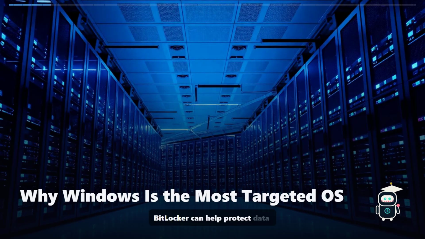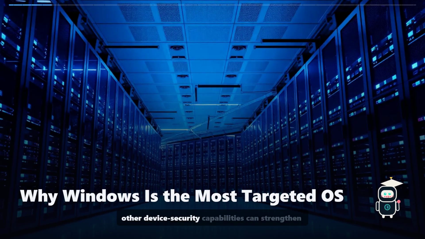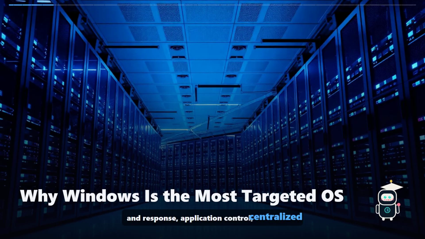BitLocker can help protect data stored on a lost or stolen device. Secure Boot and other device security capabilities can strengthen the startup and operating environment. Windows Update helps reduce exposure to known vulnerabilities, and enterprise environments may add endpoint detection and response, application control, centralized policy, identity protection, monitoring, and other security capabilities.